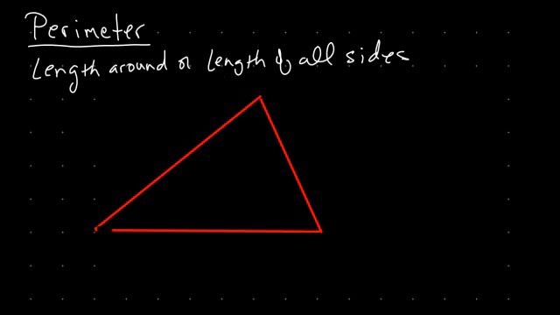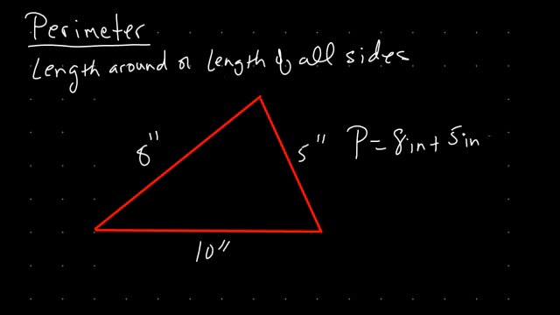So let's say we broke out the tape measure here. We got that this side was 10 inches, this side was 8 inches, and this side over here is 5 inches. So to get the perimeter, we simply add up 8 inches plus 5 inches plus 10 inches.